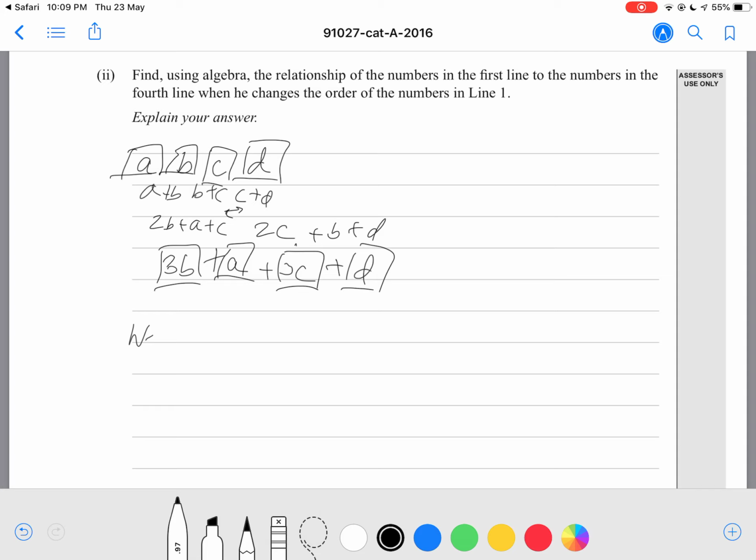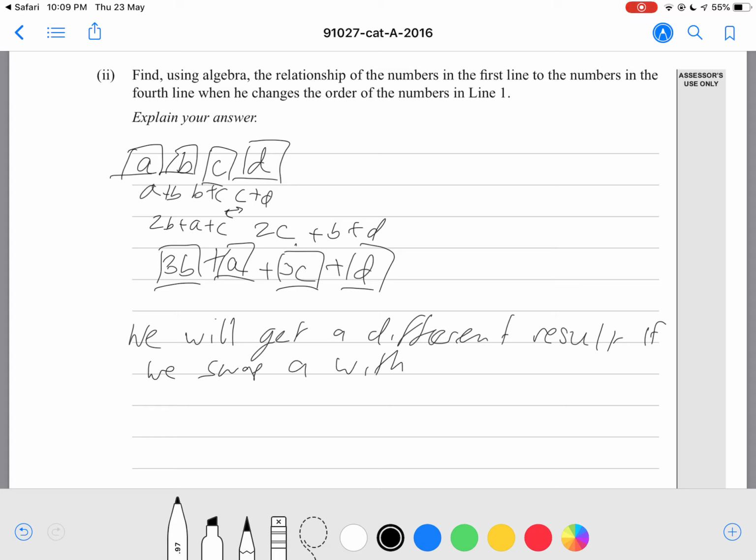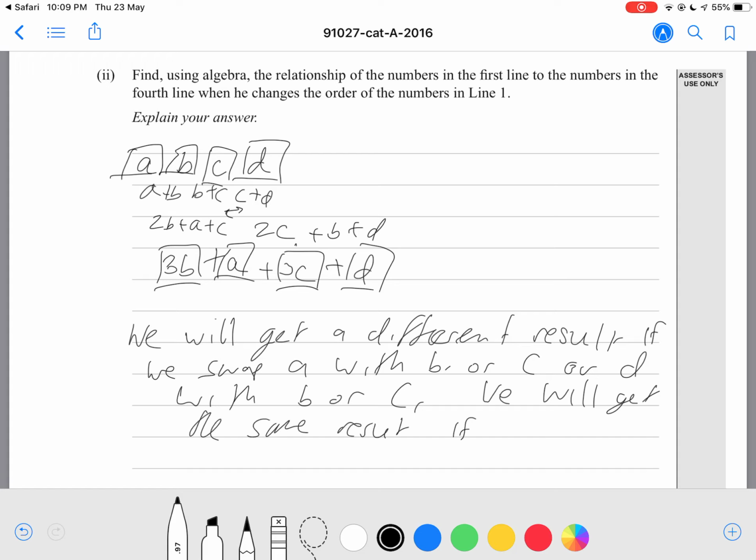So basically we will get a different result if we swap A with B or C, or D with B or C. We will get the same result if we swap B and C, okay?